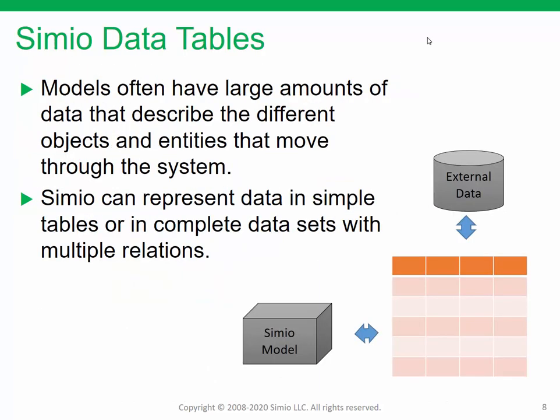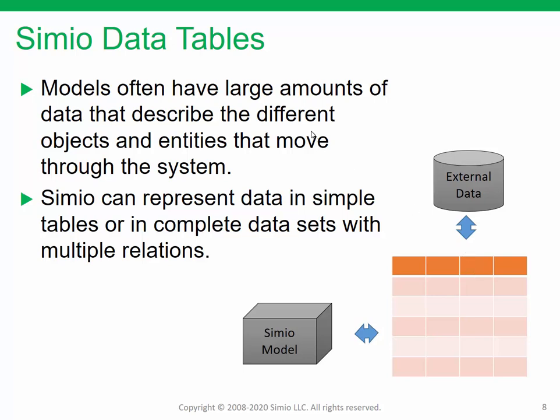Another important concept in Simio is the use of Simio data tables. A data table is simply a standard tabular representation of data where we have rows and columns, where the rows represent generally observations of data, and the columns represent particular characteristics.